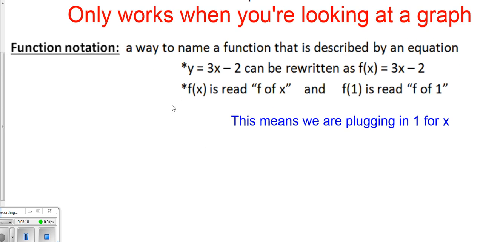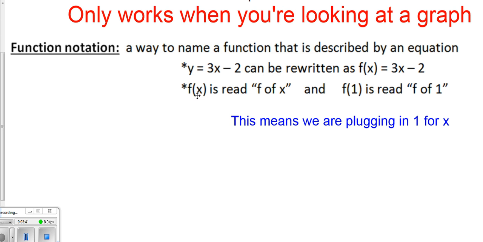One more piece of terminology. Function notation. This is a way to name a function that is described by an equation. So if we have the equation y equals 3x minus 2, we can simply write it as f of x equals 3x minus 2. This little piece here, f of x, means the same thing as y. It's like just replacing y with this function of x.